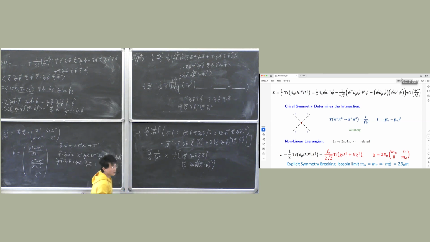And what we want to do is that, of course, if we take all of these into this, we get many terms. But what we want to do is to calculate the pi plus pi 0 to pi plus pi 0 process. So to make our life easier, we can just pick up all the terms containing just these 4 fields.